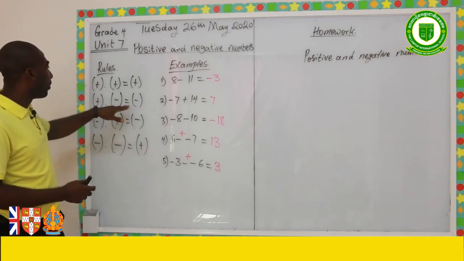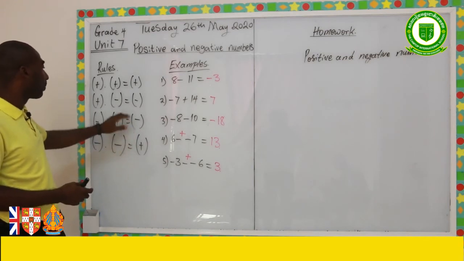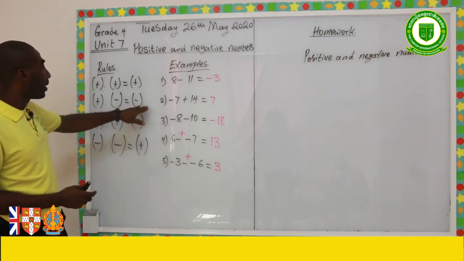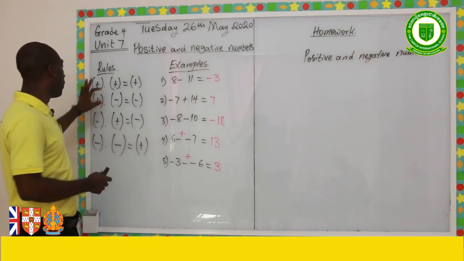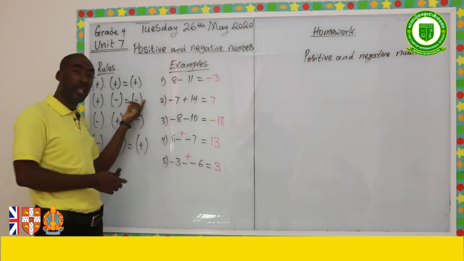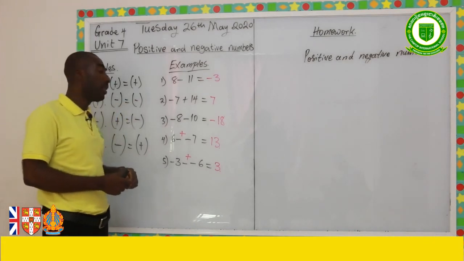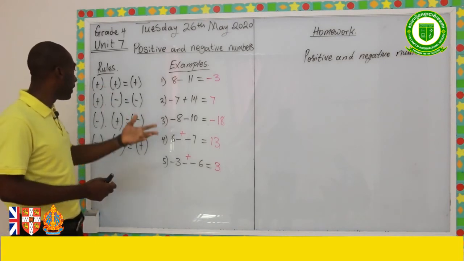On our rules, rule 2 and that of rule 3, the clue or the secrets behind these two rules are this. When you have a larger number carrying a negative sign, it means that your answer is going to be a negative.